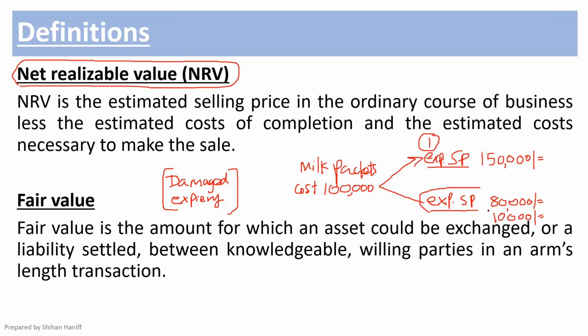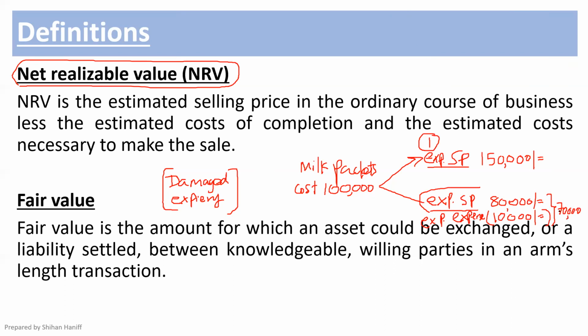So the expected selling price is 80,000, the expected selling expense is 10,000, so the net value is 70,000, which is called NRV, net realizable value.